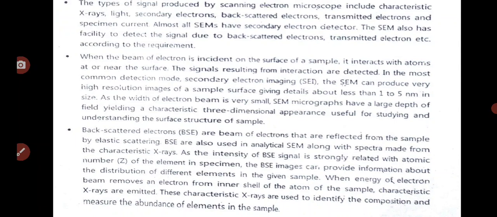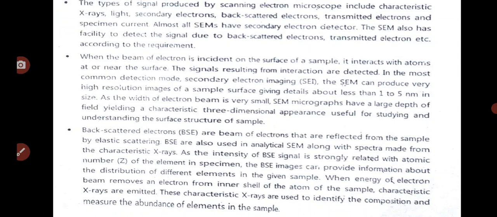Next, the beam of electrons is emitted from the tungsten lamp. That electron beam is incident on the surface of the sample and interacts with the atoms near the surface of the material, and the signals resulting from the interaction are detected.